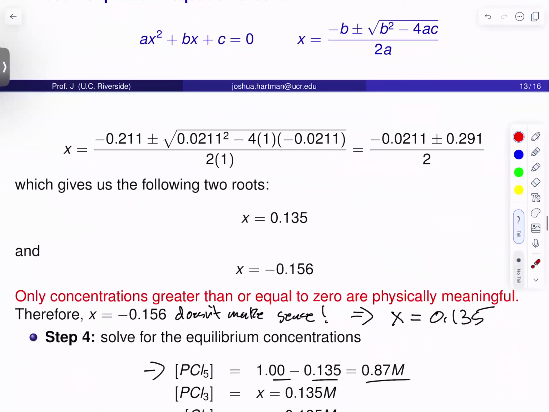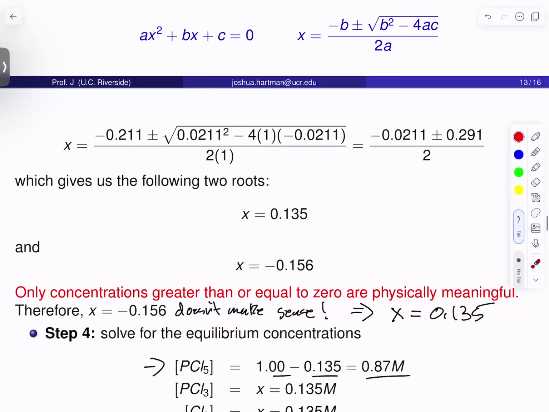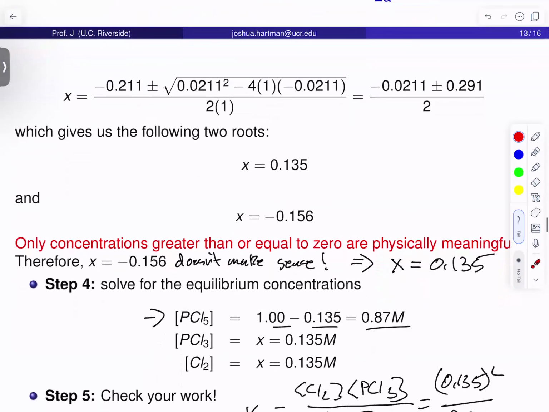So if we tried to use that x of minus 0.156, this just doesn't make sense, okay? So we're going to be choosing the root to solve this problem that gives us the positive meaningful concentration values, which lands us with 1 minus 0.135, or a 0.87 molar solution for PCl5, and then PCl3 and Cl2 are both given directly by that value of x.